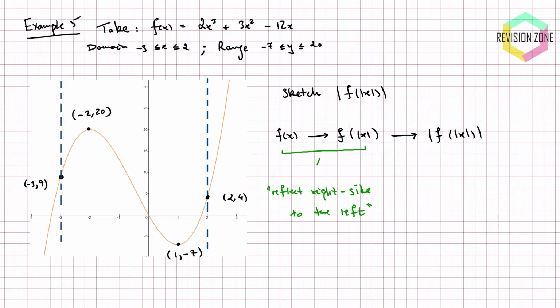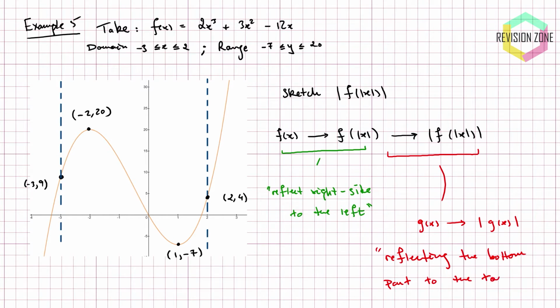And of course, the advantage here now is we know what this means because we know when, say, g of x goes to the modulus of g of x, and you can maybe go back and look at some of our earlier examples, this is the same thing as reflecting the bottom part to the top.